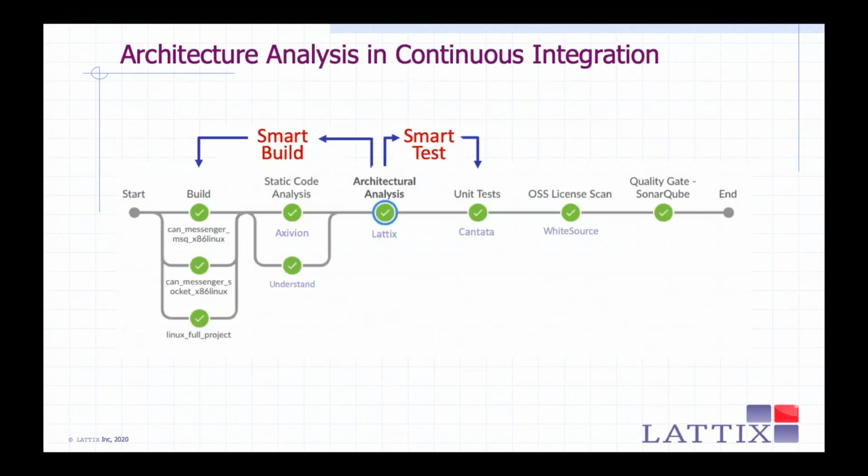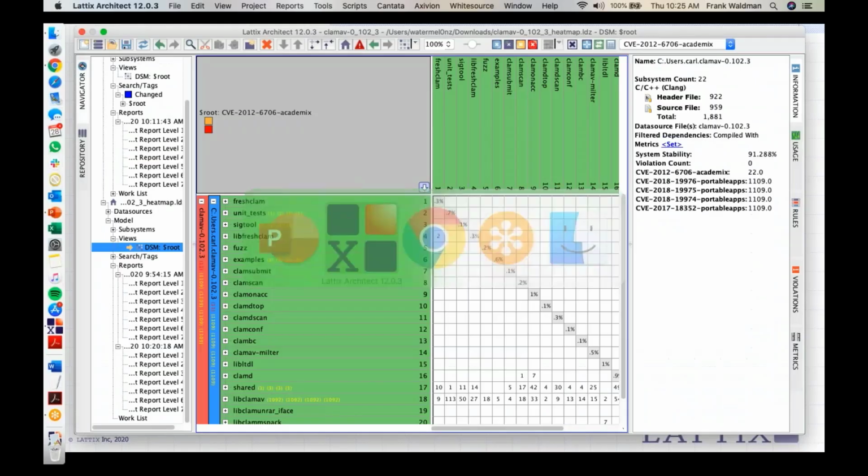What we have noticed is if you use architectural data in the correct way, the architecture can improve both the build and the testing phases. So we've already looked at the testing side. We call this approach smart test. If we now use architectural data to look at how we can improve the build, you'll see from the DSM, if we just one moment go back to the DSM and look at the squares which are independent.